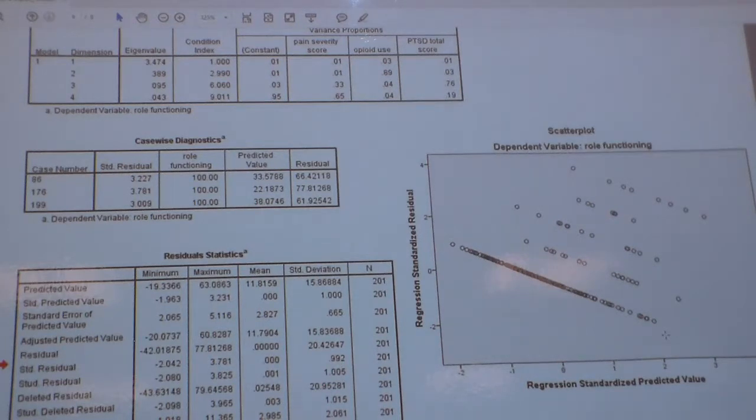And so the corrective action that we took against just choosing a poor outcome variable, not that role function is a poor outcome variable, but the way we measured it probably isn't great, right? At least within the context of this sample. So it was probably worth going through and trying to do some remediation on that to bring that skew in relative to what we would have had without it.